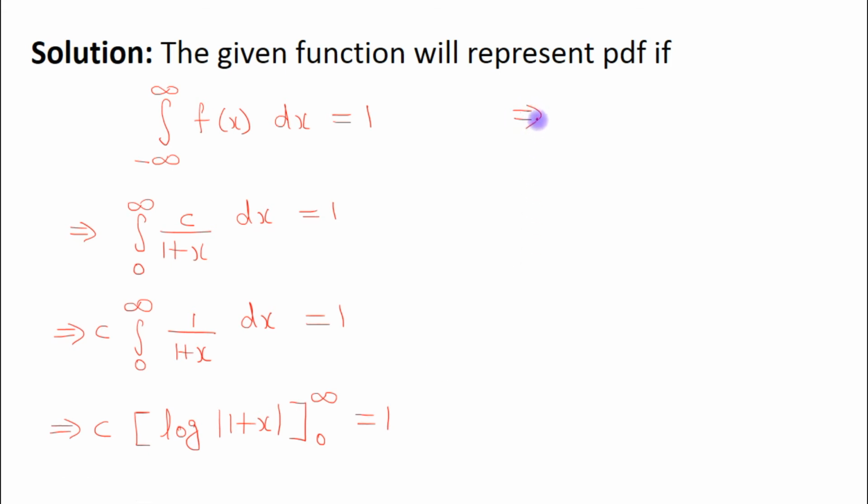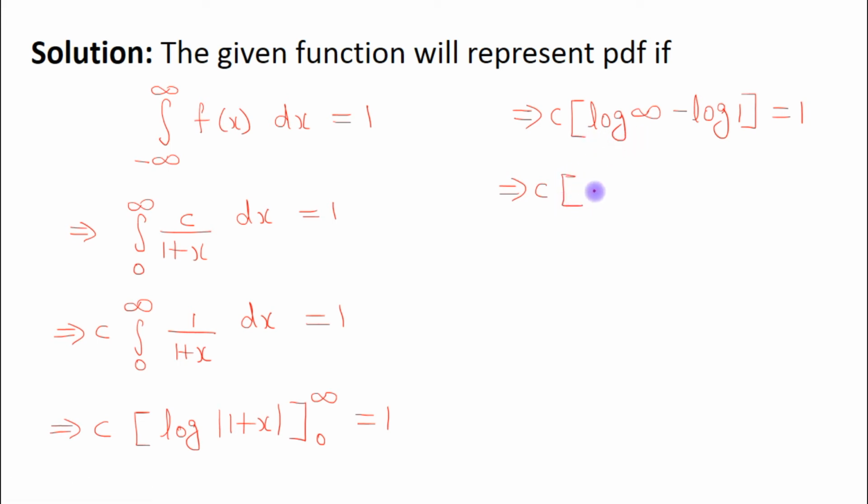Then we will write c times log infinity minus log 1 equals 1.